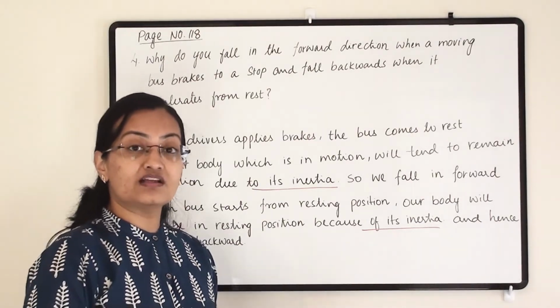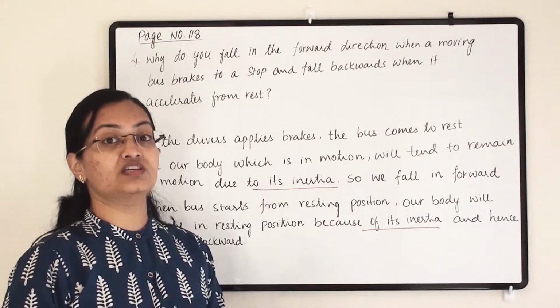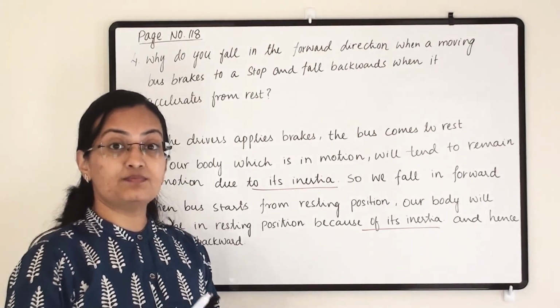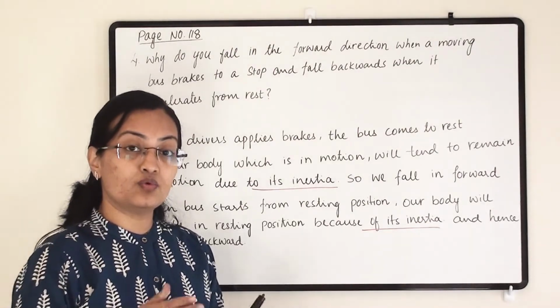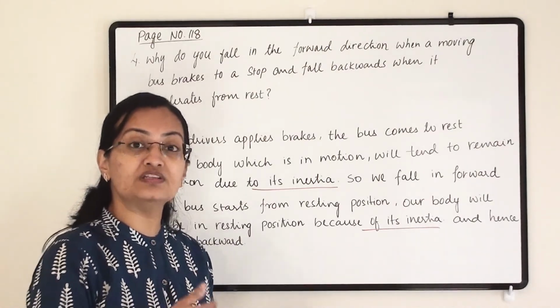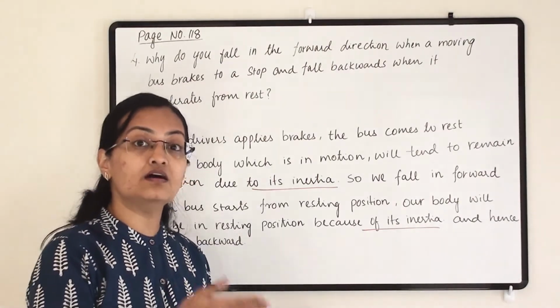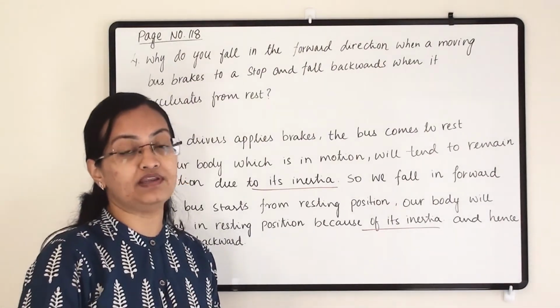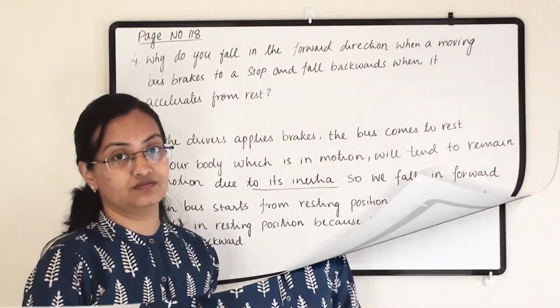The common answer between these two situations is inertia. And what is inertia? Inertia is the tendency of an object to keep doing the same thing until an unbalanced force is applied on the object.